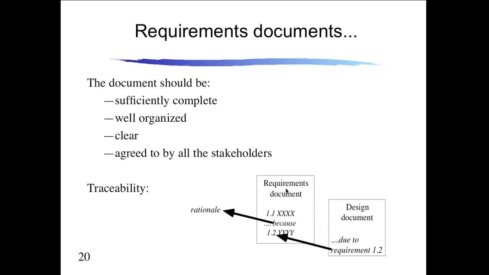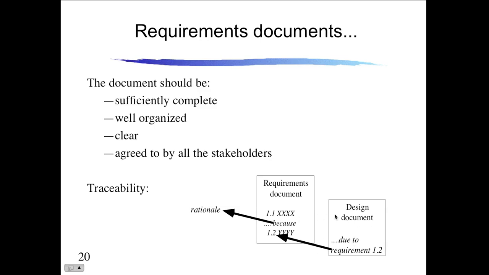And here's that concept of traceability that I'm talking about. This is the slide that goes along with that concept. Documents should be sufficiently complete, well organized, agreed upon by all stakeholders, and then we have the rationale. So in the requirements document, feature number 1.1.xx, whatever, that says what we wanted implemented. In the design document, we have, due to this requirement, we've done this.